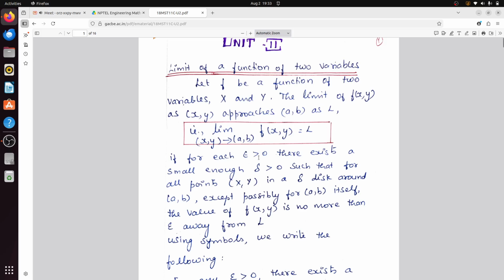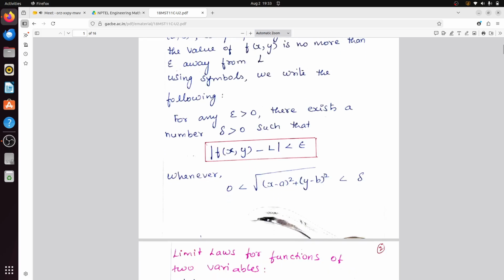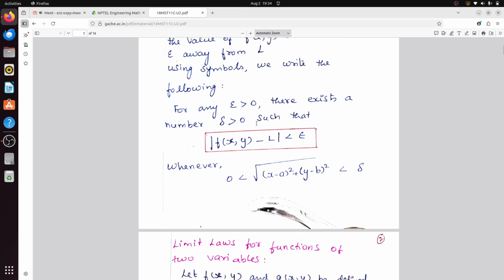If for each epsilon greater than 0 there exists a small enough delta greater than 0, both positive, such that for all points (x, y) in a delta disk around (a, b), except possibly for (a, b) itself, the value of f(x, y) is no more than epsilon away from L. Using symbols, for any epsilon greater than 0 there exists a positive number delta such that the modulus of f(x, y) minus L is less than epsilon whenever 0 is less than the square root of (x minus a) whole squared plus (y minus b) whole squared, which is less than delta.